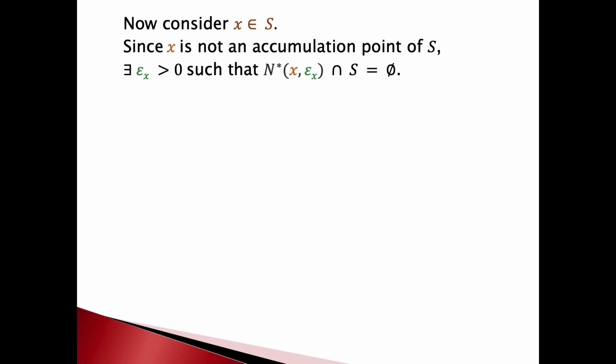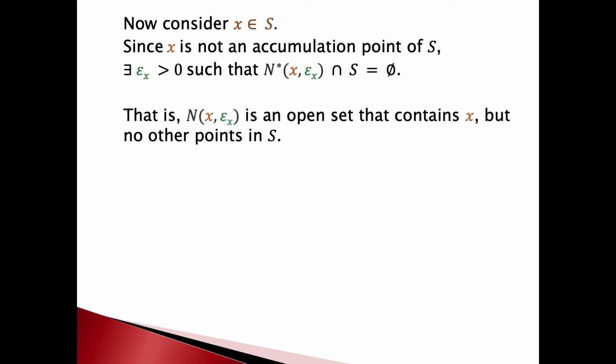Nothing in S is accumulating, piling up, getting really close to x, right? So if I look at the whole neighborhood of x, epsilon sub x, that's an open set, obviously, because it's an open neighborhood. It contains x, because x is at the center.